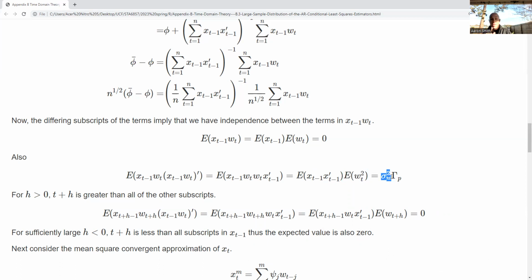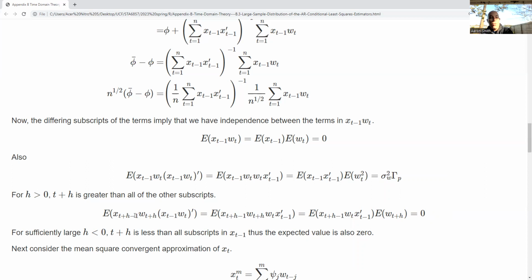Now, if I think about this for a moment, another way that I can look at this, and it's completely reasonable, is if I only consider larger values of h, and I look at the expected value here. So I'm doing a covariance computation.